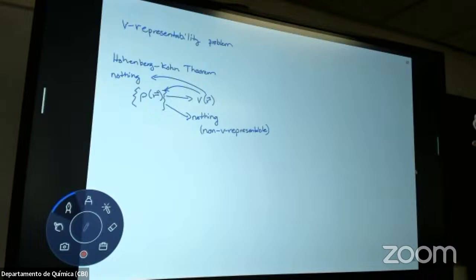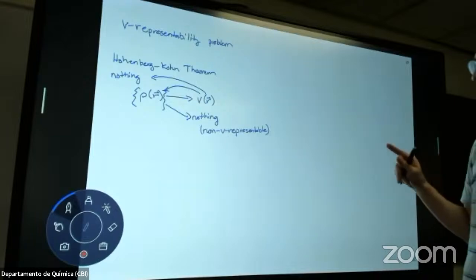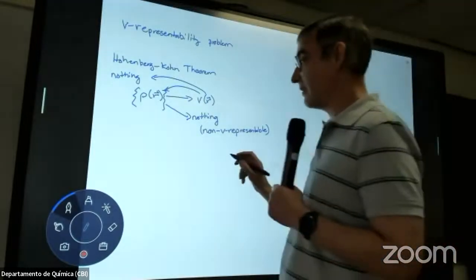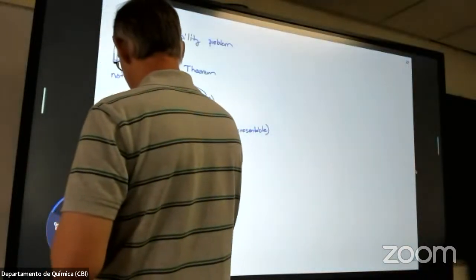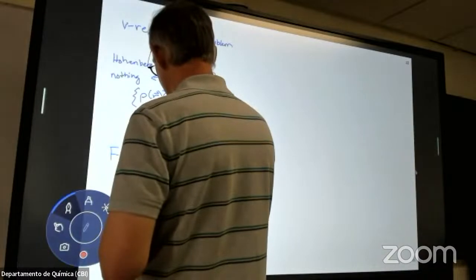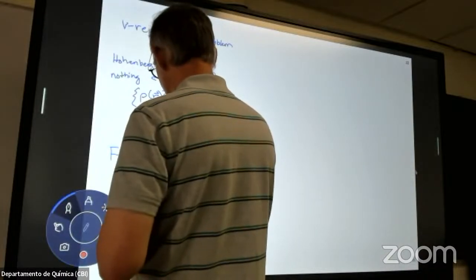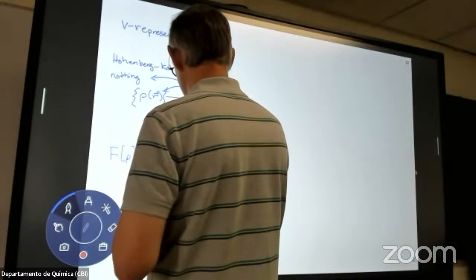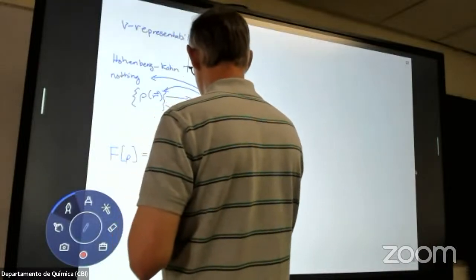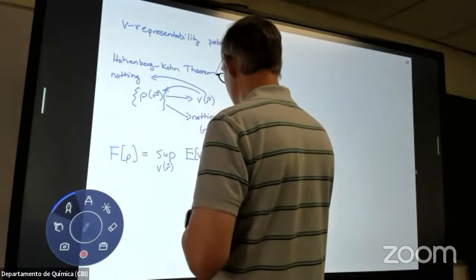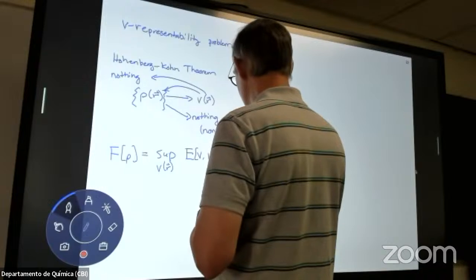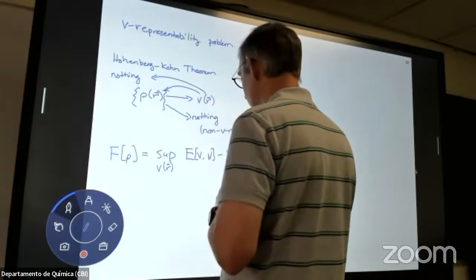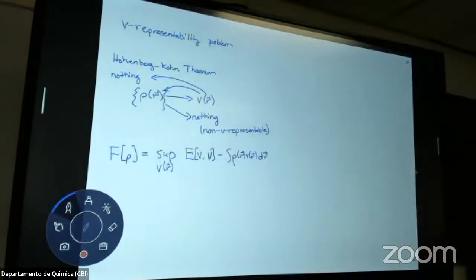So this is the structure of the theorem, right? Now, we can say something very specific about the functional only in certain cases. So the functional, right? That's the Hohenberg-Kohn functional.